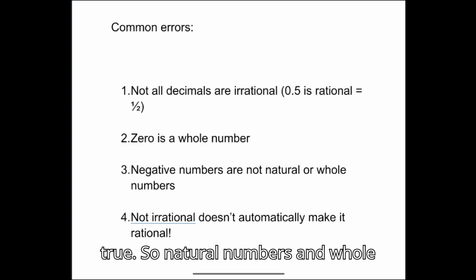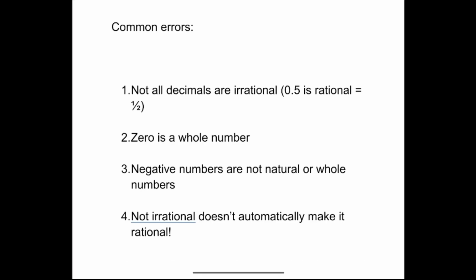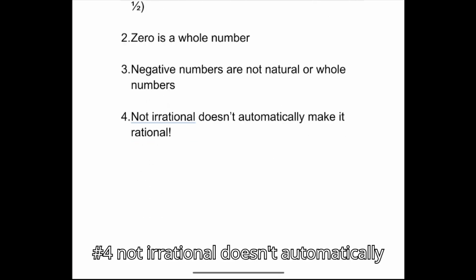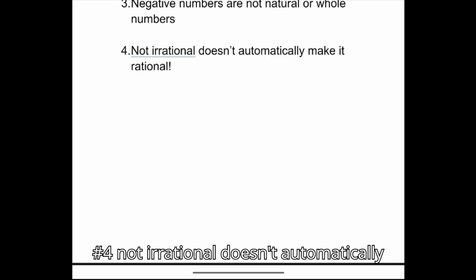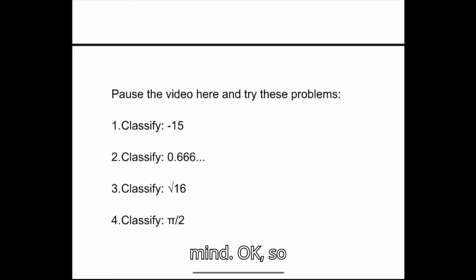Natural numbers and whole numbers are positive, or in the case of whole numbers, include 0. Number 4, not irrational doesn't automatically make it rational. For example, 0 is not irrational, but that doesn't mean it's irrational either. So keep that in mind.